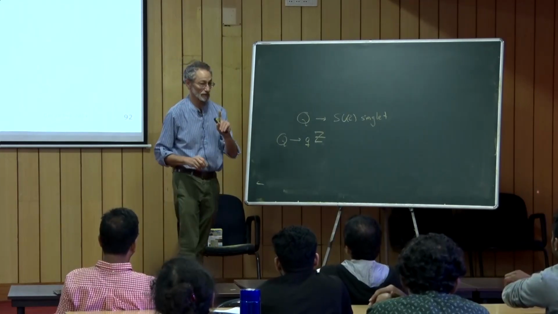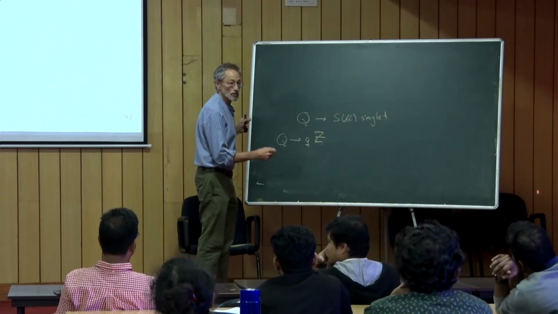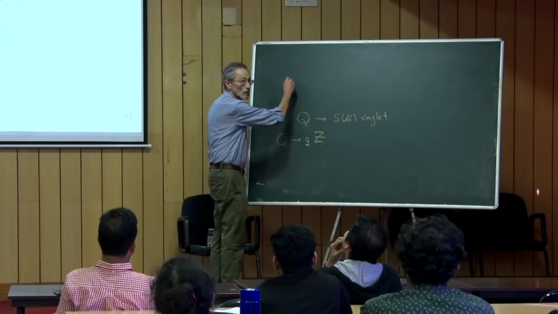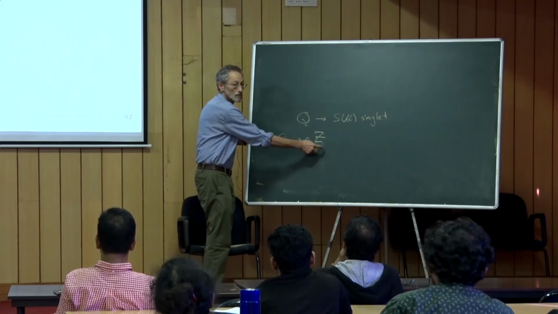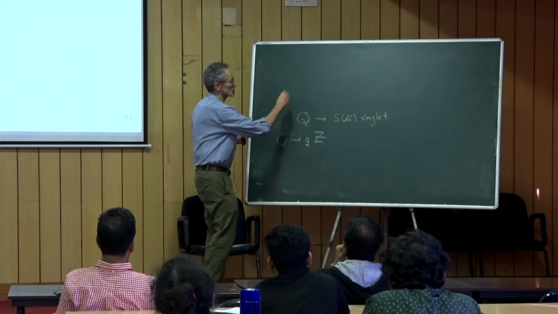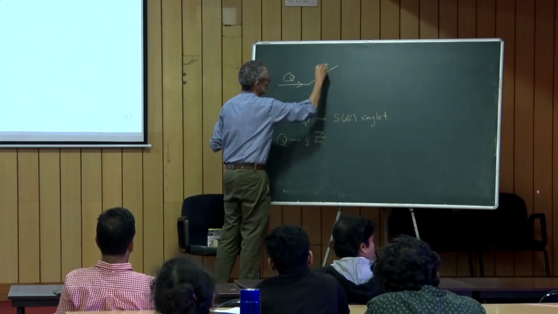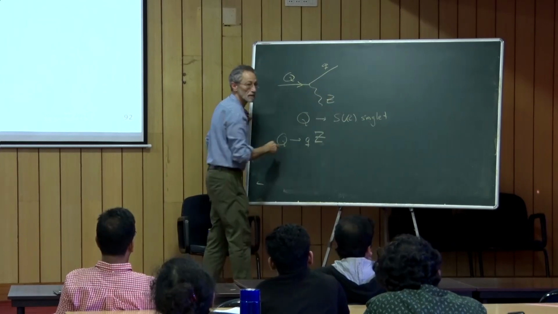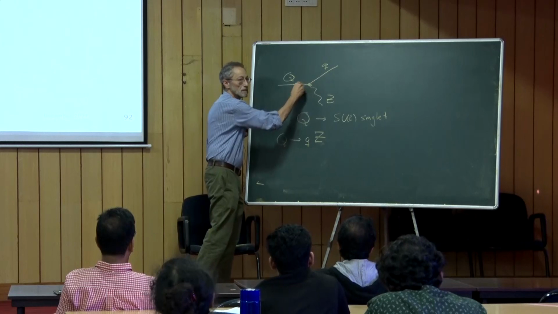Yeah, tree level. Okay, tree level graph. We just argued that the tree level graph, a process with three external guys, looks like this: Q, Q, Z. How do you generate this?